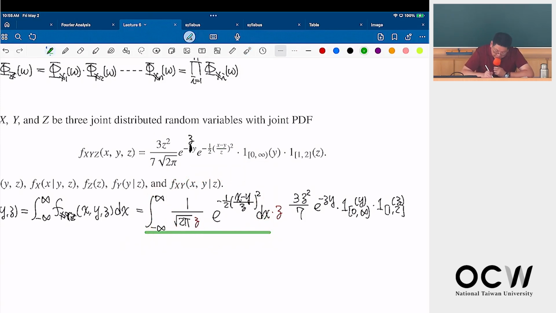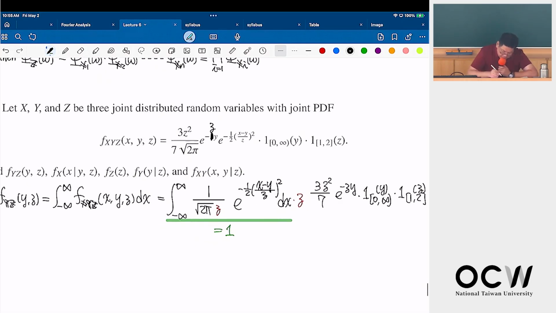This integration actually is equal to 1. So now I have z times e to the minus zy, and your y is from 0 to infinity, and your z is from 1 to 2.